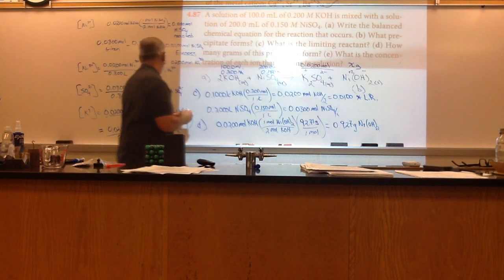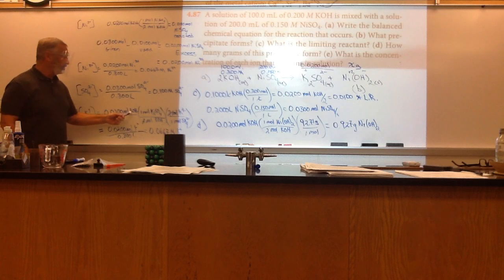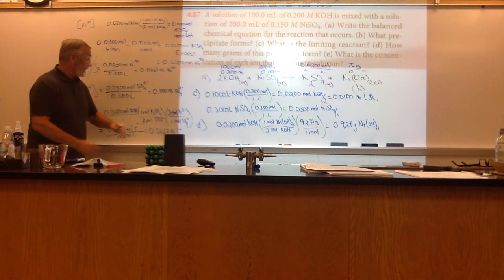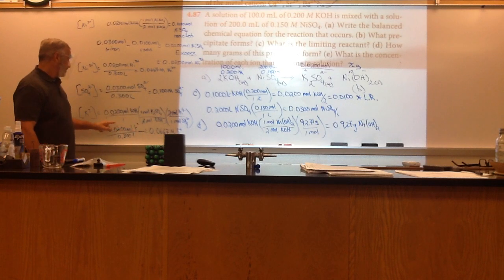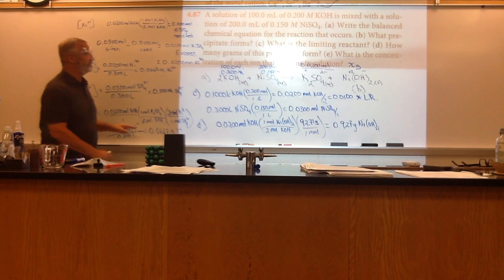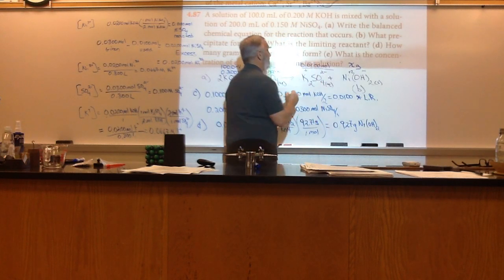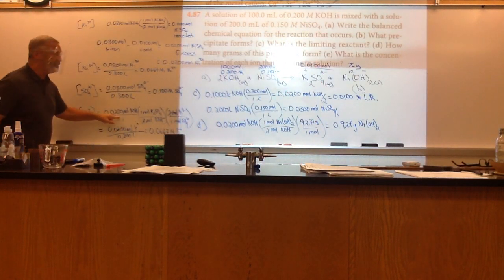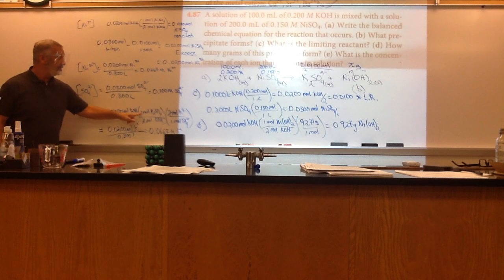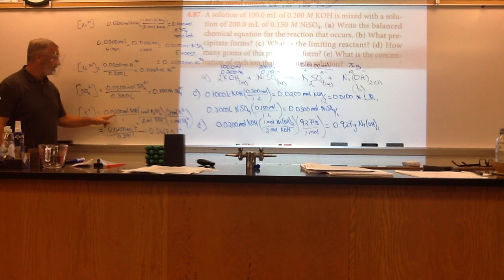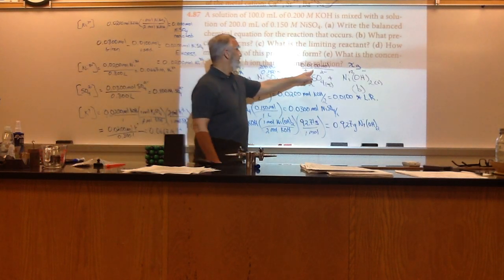We calculated that right here. Started with moles of KOH times 1 mole over 2 moles, okay? Just 0.02 moles right here, times 1 over 2 tells me how many moles of K2SO4 I have, which is going to be the 0.01. So that's how much got formed, okay?